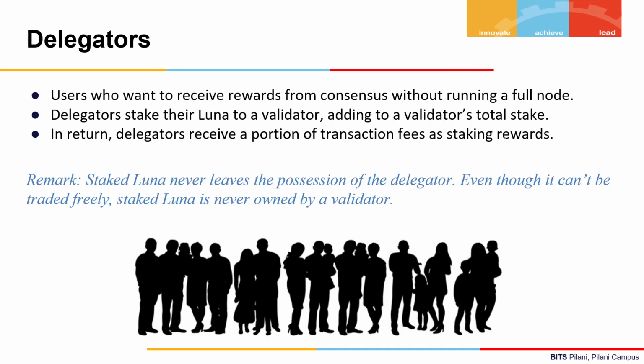Right here, so delegators. The users who want to receive rewards from the consensus, which means the process of adding a block to the chain, and they also don't want to run a full node, are known as delegators. So what they do is that they gamble on the validators in a kind of way.